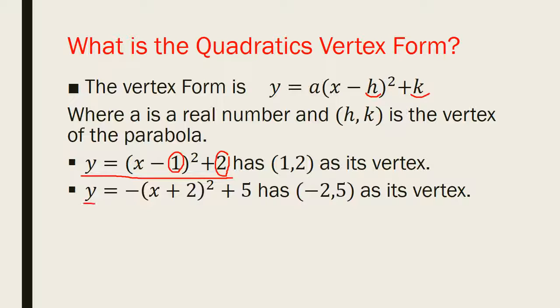This quadratic equation has a vertex of negative 2, which is the opposite of 2, because we have a plus sign, and then 5. So the vertex that belongs to this parabola is (negative 2, 5).